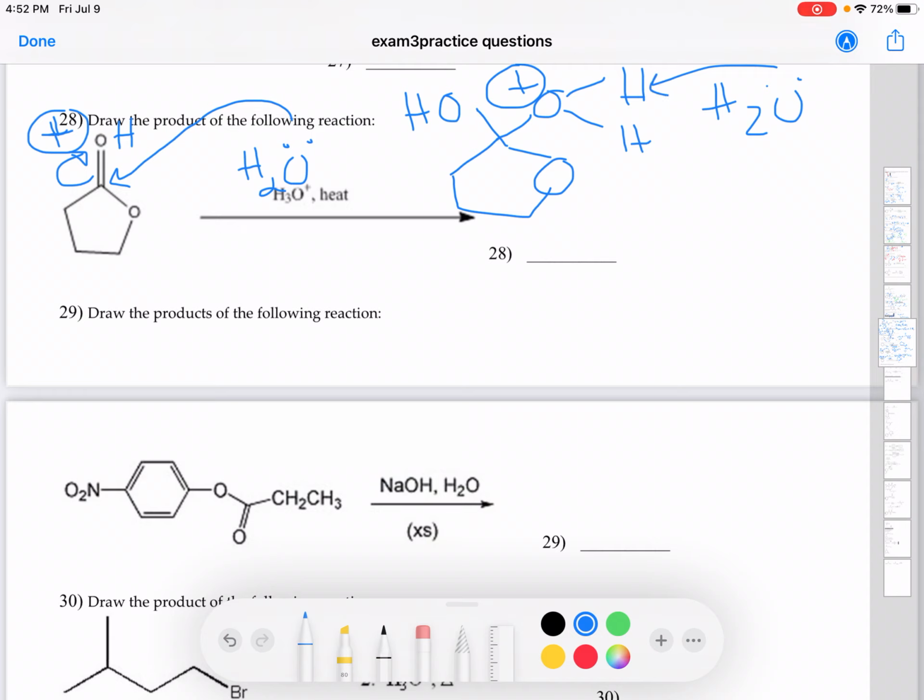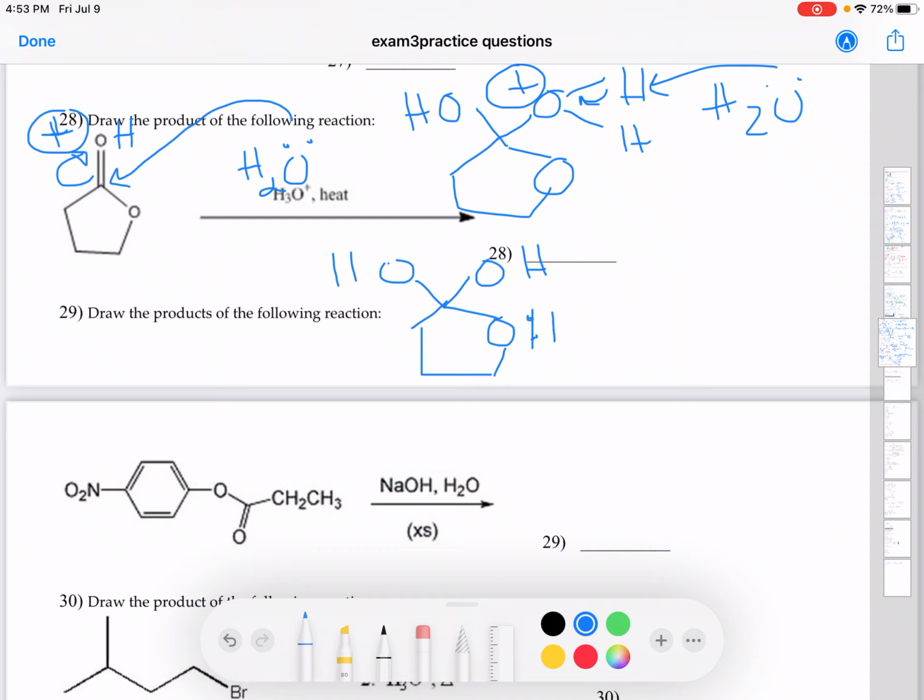The lone pair can take this hydrogen, giving you a neutral molecule. OH. Okay, and in the meantime this oxygen can get protonated.